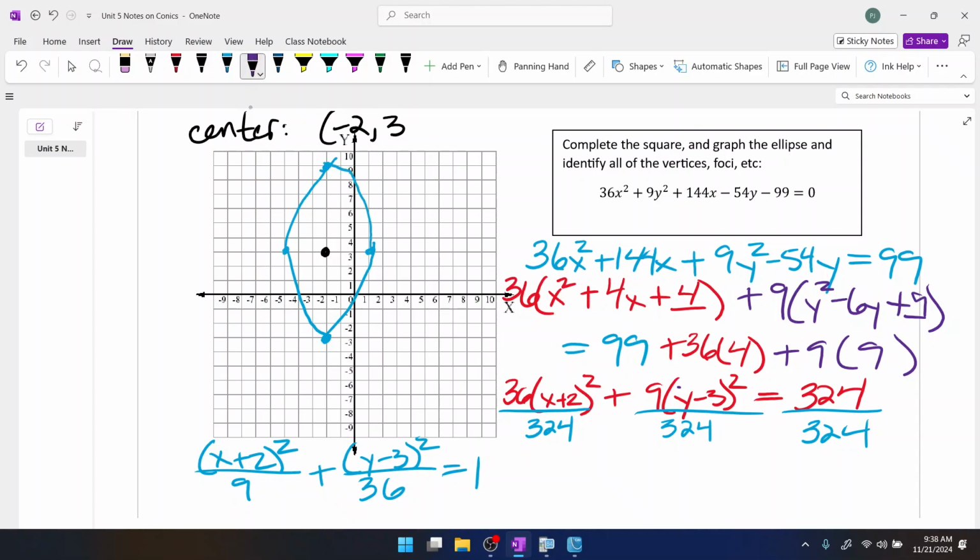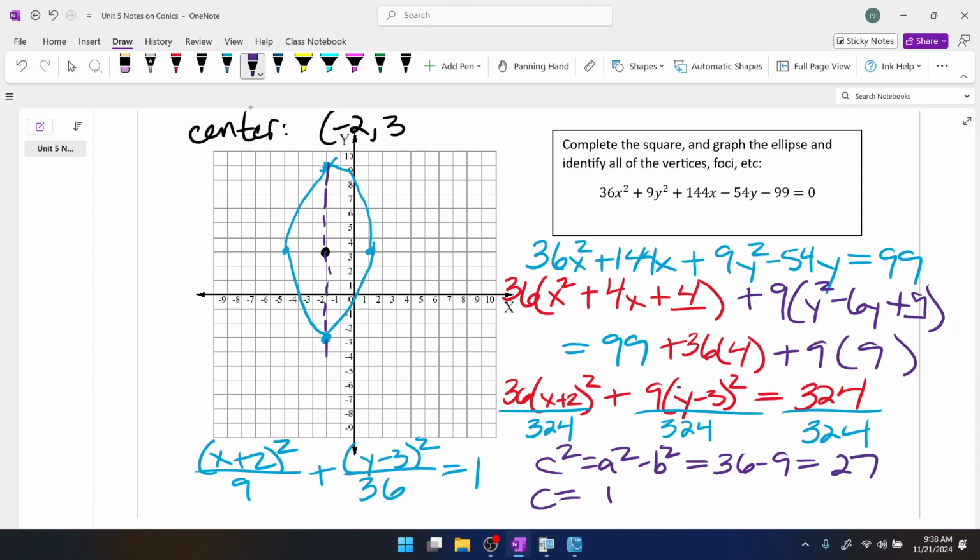Now, our foci coordinates are going to be located where x is going to be -2. But we need to figure out the c value, which is a squared minus b squared, which is 36 minus 9, which is 27.